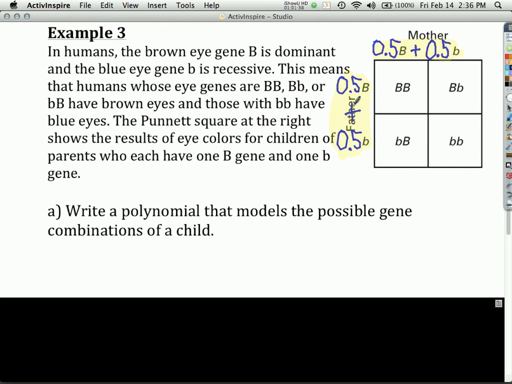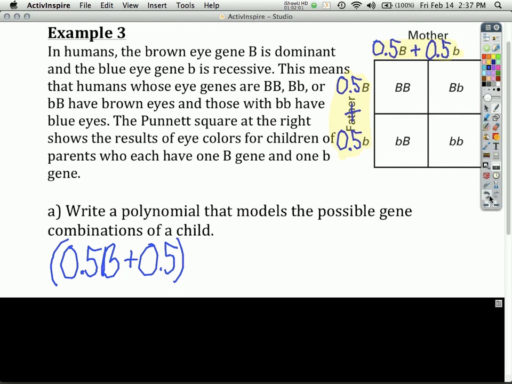Yeah, it's square of a binomial pattern. Okay, so we have square of a binomial. We have 0.5 big B plus 0.5 little b, squared.